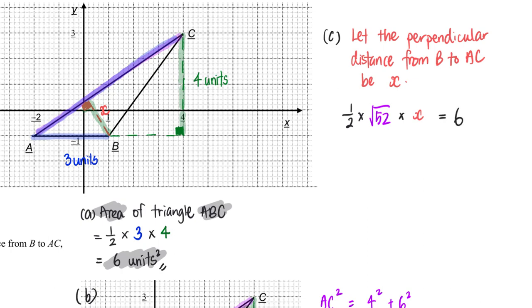And this is equal to the same area because the area never changed. It is still the area of triangle ABC, 6 units square.